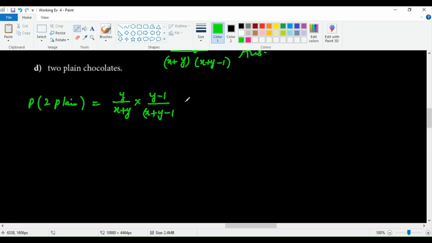So finally, to conclude, when we simplify, this is going to give us y minus 1 over the LCM, x plus y multiplied by x plus y minus 1. This is going to be the answer for part B.